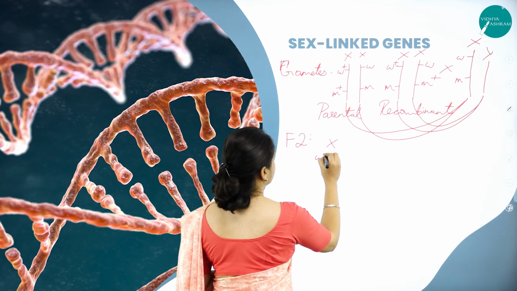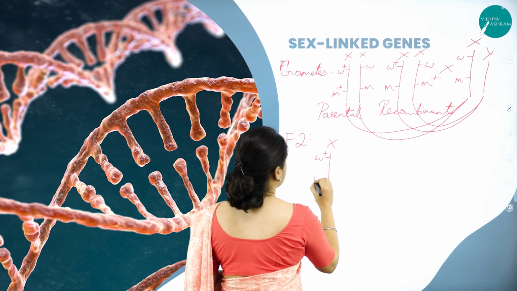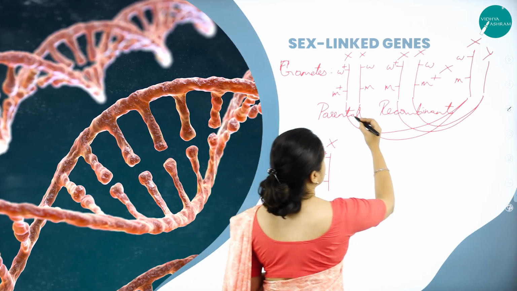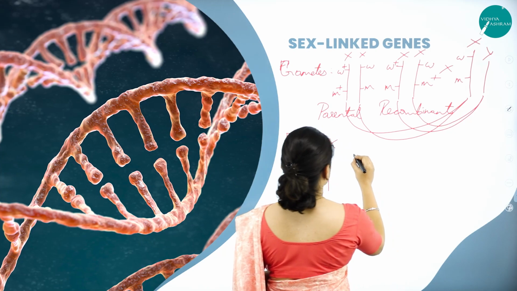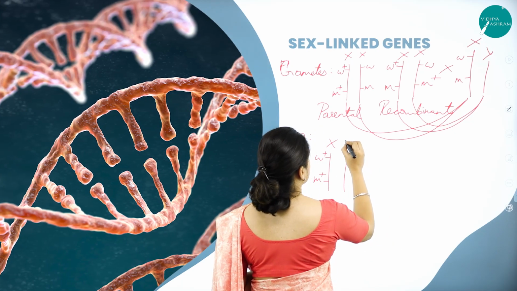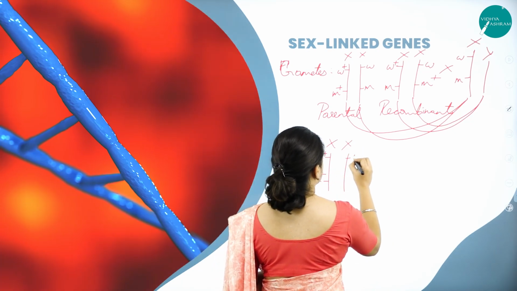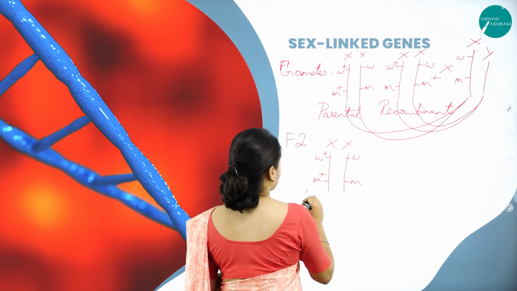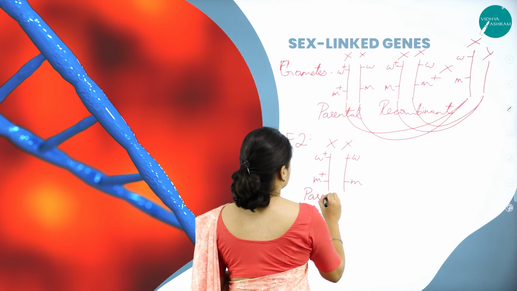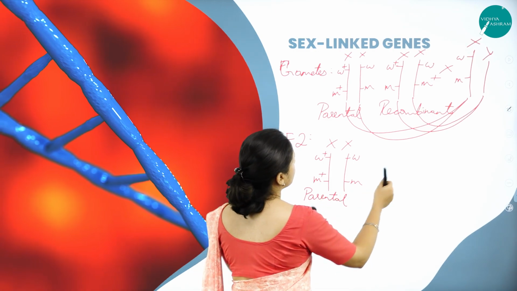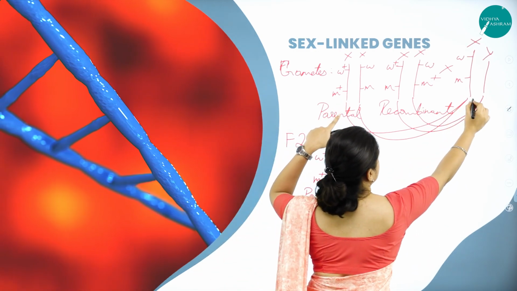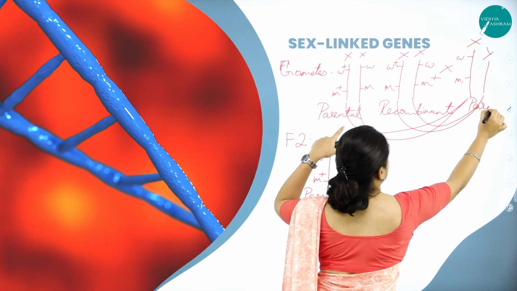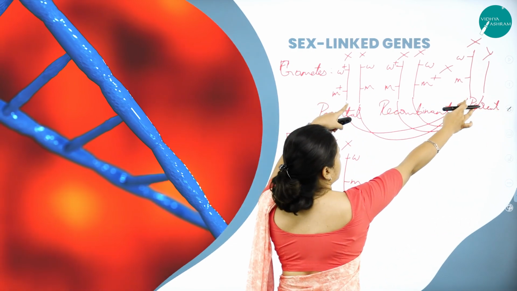So we will have X, then W plus and M plus. This crossing has occurred with this particular chromosome. So here X, W and M. So this is parental. As you can see, both are from the parents itself. This is also parental.